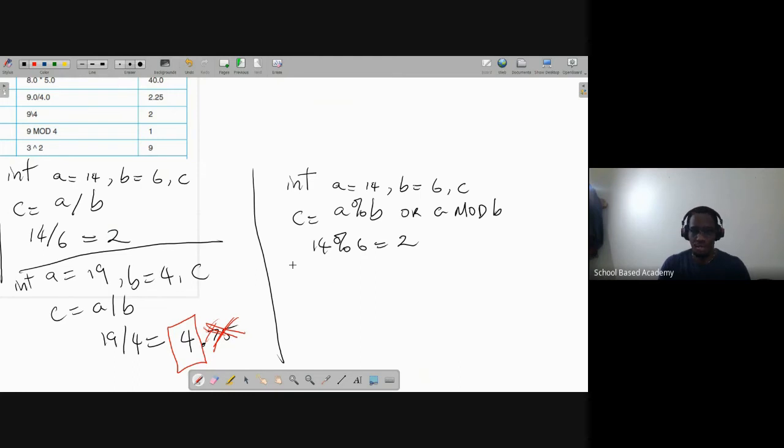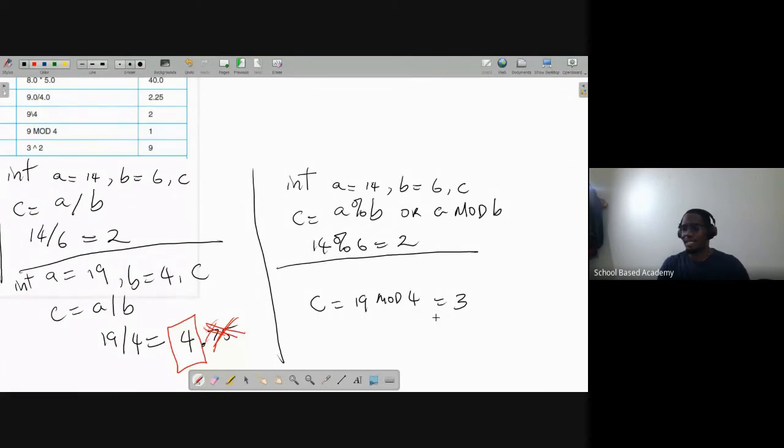I'm going to do it for the second one. We had C is equal to 19 mod 4. The answer here is going to be, sorry, not 1, but 3. My bad.